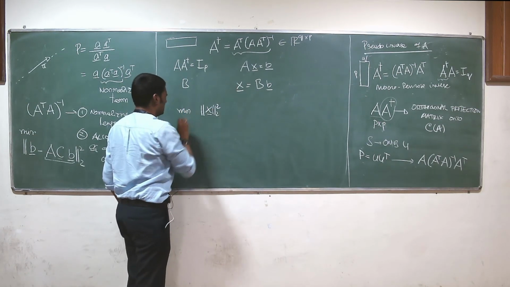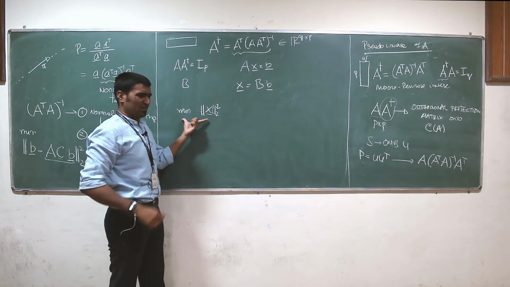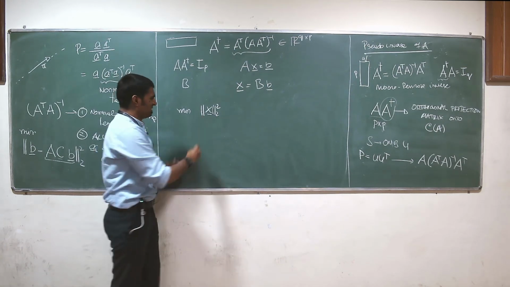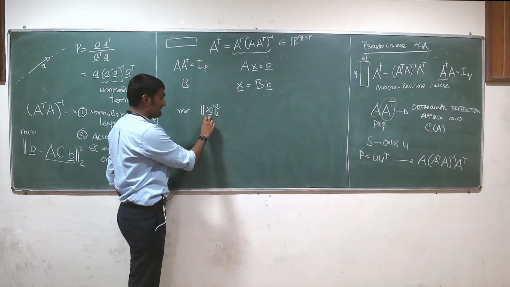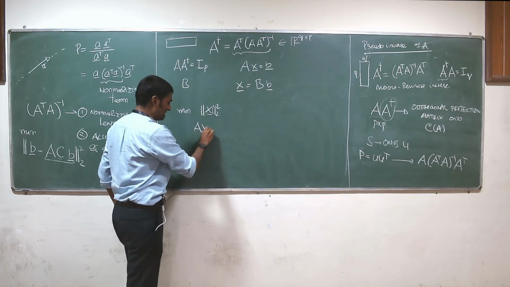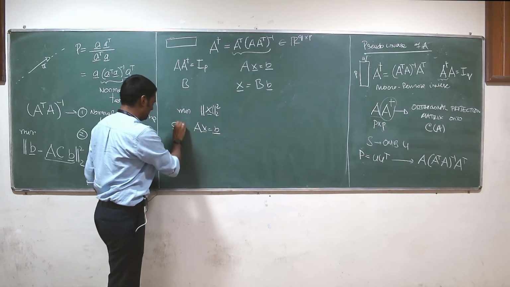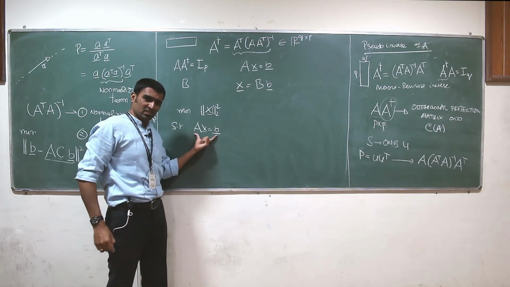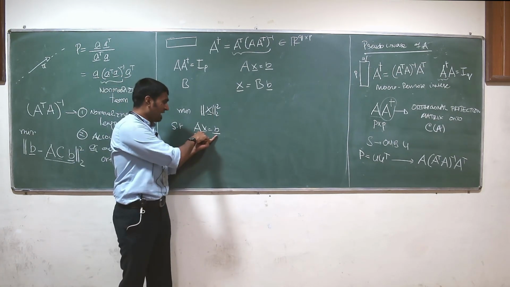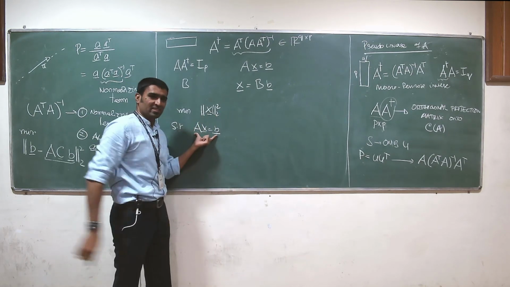So you look to minimize this, searching over all possible x's, but only those x's that solve this equation, and you want to find the one with the lowest length.